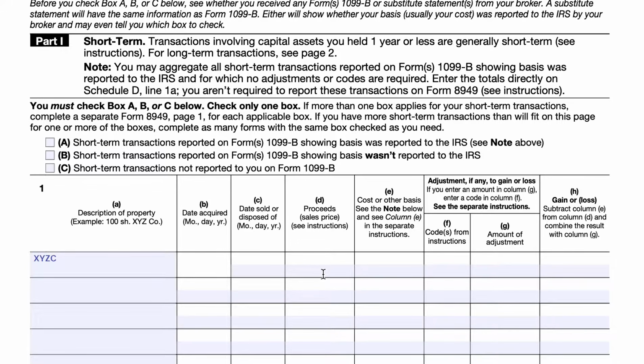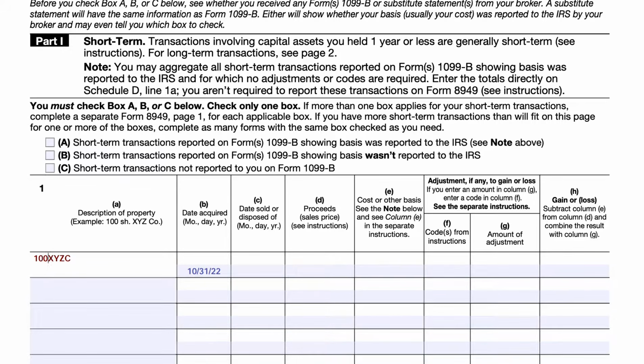So let's use a date. Since we're in the 2022 tax filing season, we'll use 10/31/22 was the date that we acquired this stock.